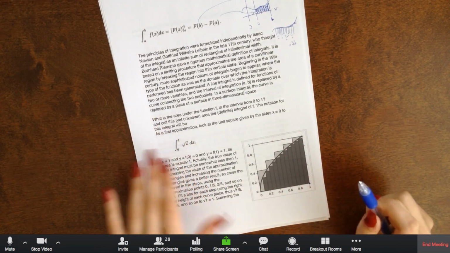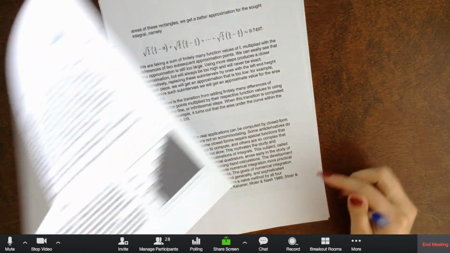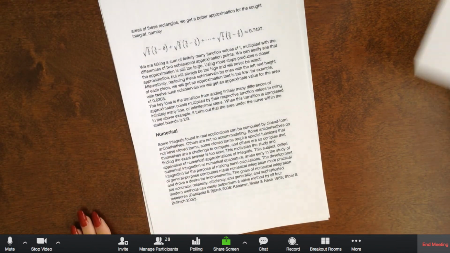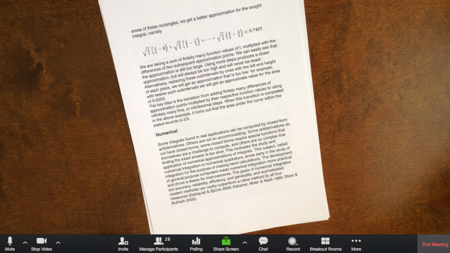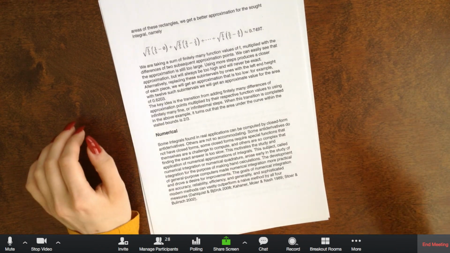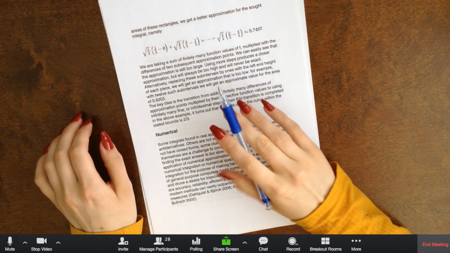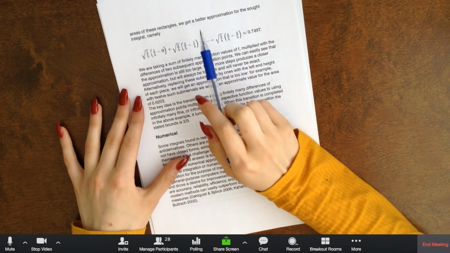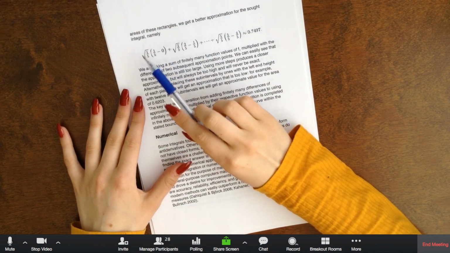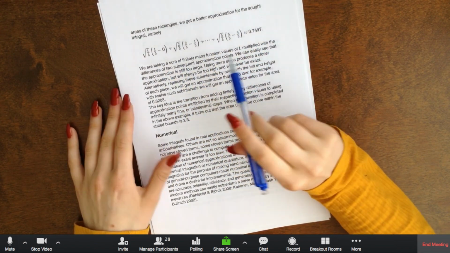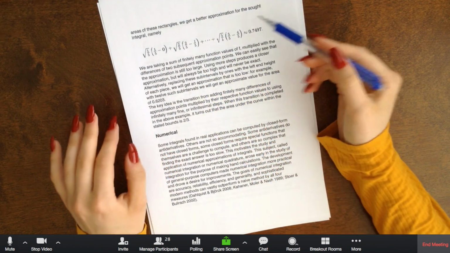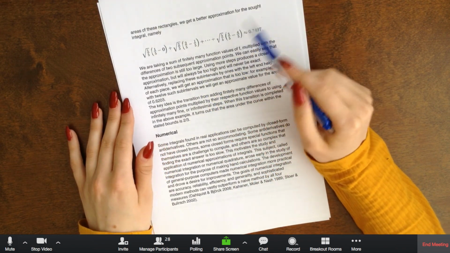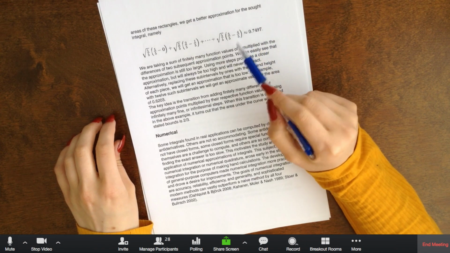Alright, let's continue. So, as we start summing these areas, or these small rectangles that we just saw, the approximation starts getting better. Okay?